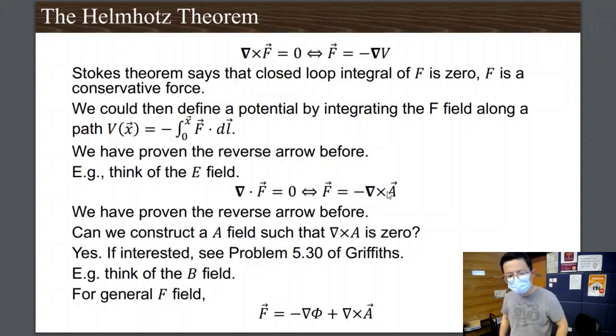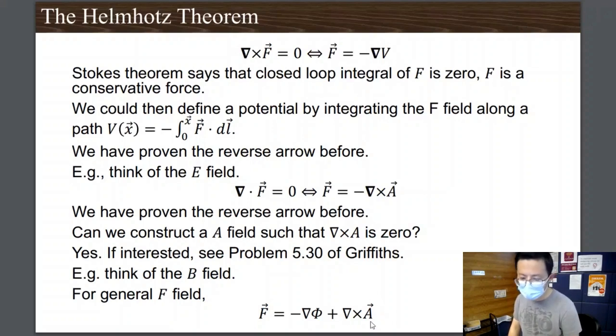And for a general field that is not similar to an E field or a B field, we still have the Helmholtz theorem, in the sense that we can always separate a vector field into a field similar to the E field and a field similar to a B field. For the E field part, we can express it as the gradient of a scalar potential. And for the B field part, we can always express it as the curl of a vector potential.